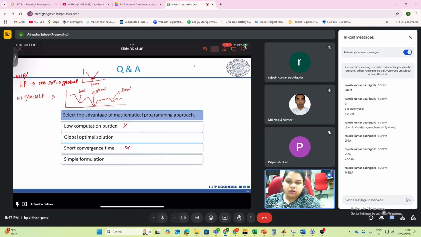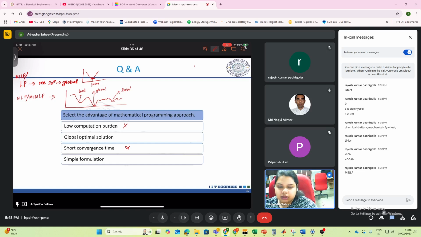In the case of nonlinear programming, if you go for methods such as heuristics, they may be trapped in the local optimal solutions. But classical mathematical approaches guarantee you the global optimal solution.